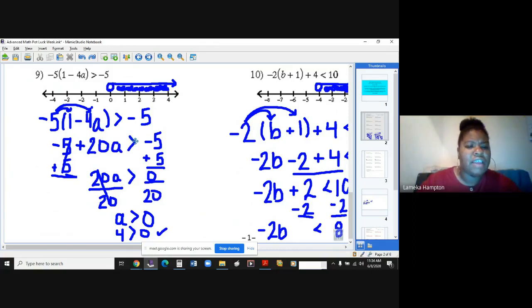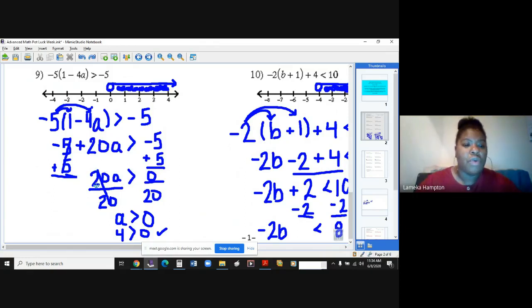Now, all of that is greater than -5. The next thing I did, I added 5 to both sides because remember, my goal is to isolate my variable. That's very important. When I added 5 to both sides, -5 plus 5 is 0, so that's the reason why I crossed it out here, and I also have -5 plus 5 is 0 as my answer.